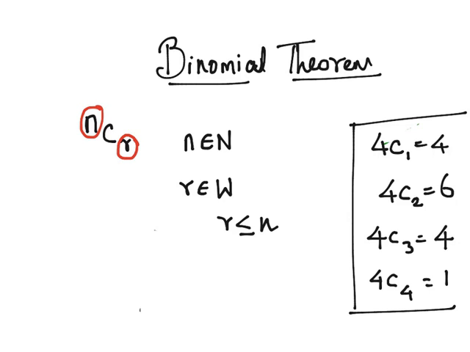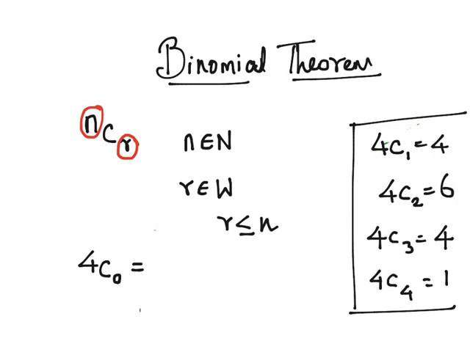So I just mentioned that R can take the value of 0. So what does it mean? What do you mean by, let's say, 4C0? Let's say I want to find what 4C0 means. Let us take the same example that I have been using till now. There are 4 books, and 0 means the number of books you're taking at a time. In how many ways can you take 0 books at a time?